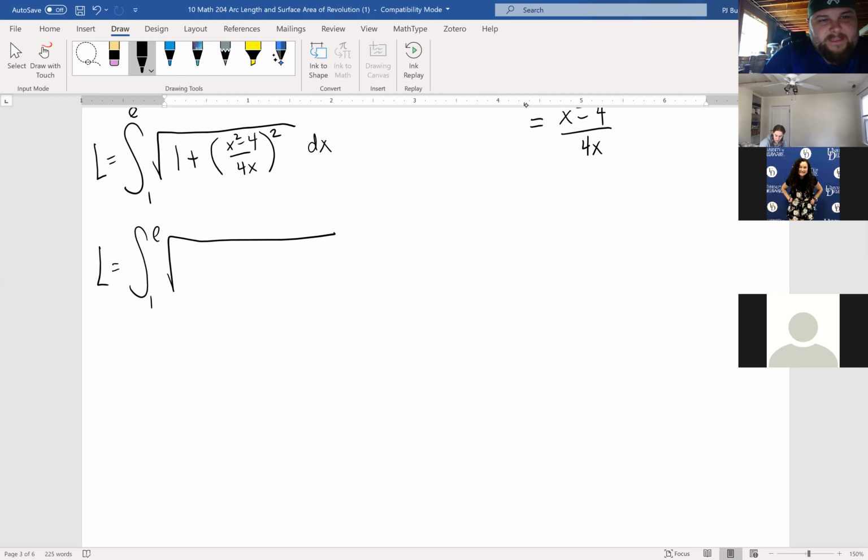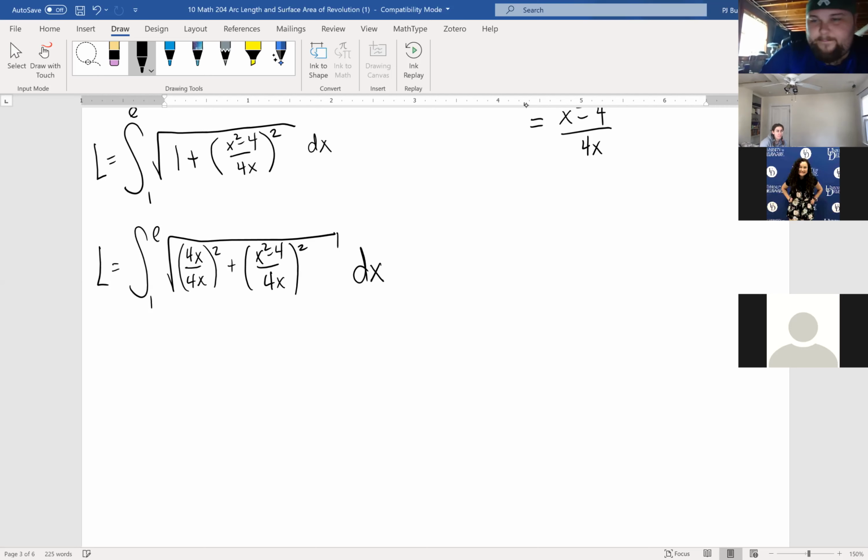So if I want to put these things together, I want to write this as 4x squared over 4x squared. Let's see if that helps us out. So you're probably sitting there going, you're crazy.